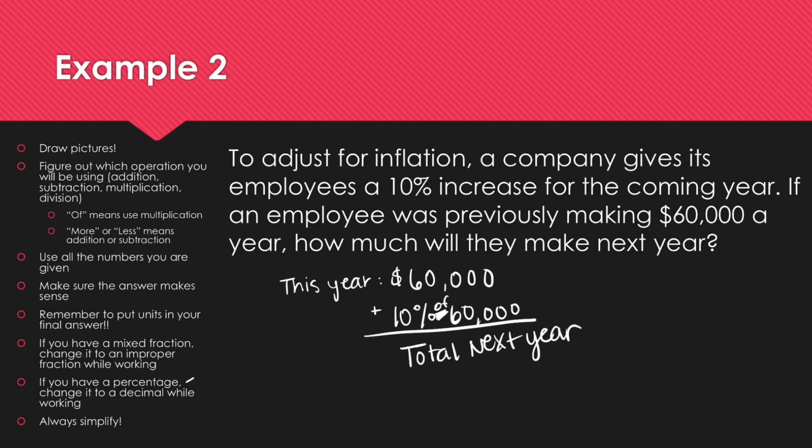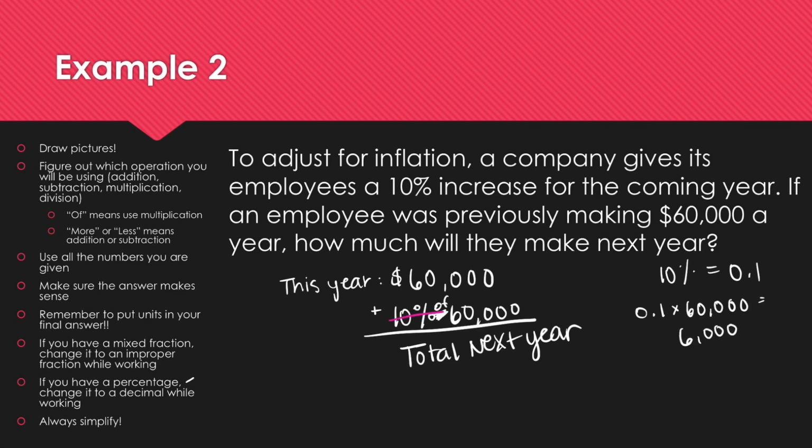So another tip we had was when it was a percentage to change it to a decimal. 10% as a decimal is equal to 0.10, but we can leave it as 0.1. So in order to use that, we're going to do 0.1 times 60,000, which will give us 6,000.